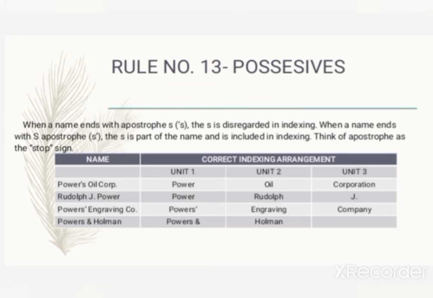So for example, Power's Oil Corporation, it is power apostrophe S, and the rule says that if the apostrophe comes before the S, we are going to disregard the apostrophe. For example, Powers' Engraving Company. So it is S followed by apostrophe, and we are only going to copy the powers with the apostrophe.